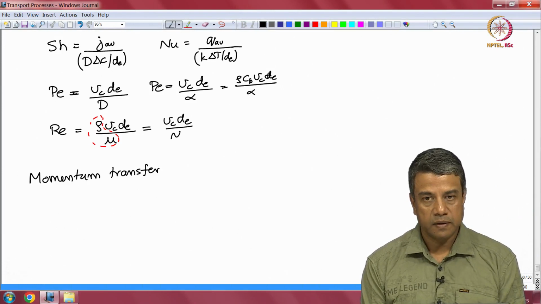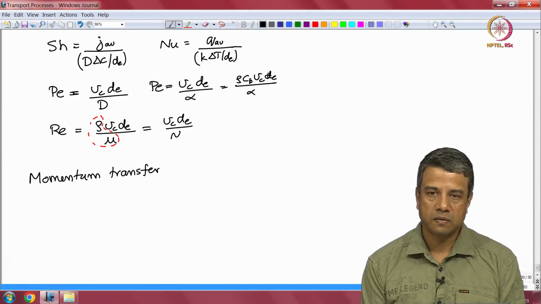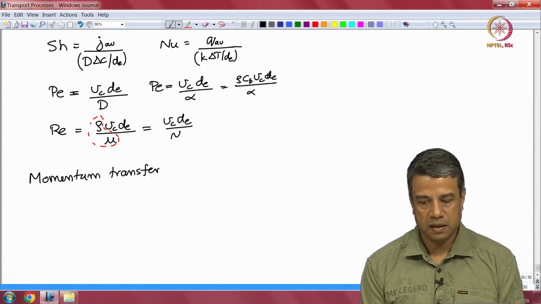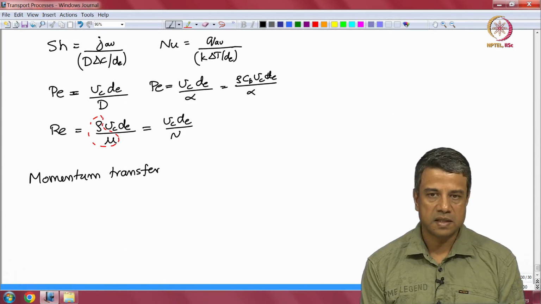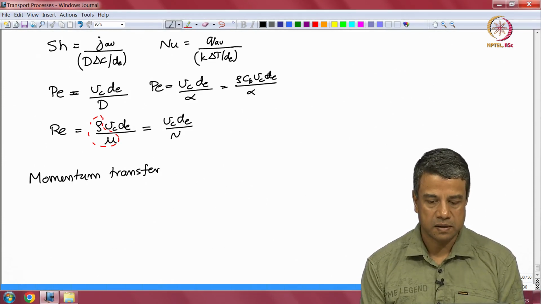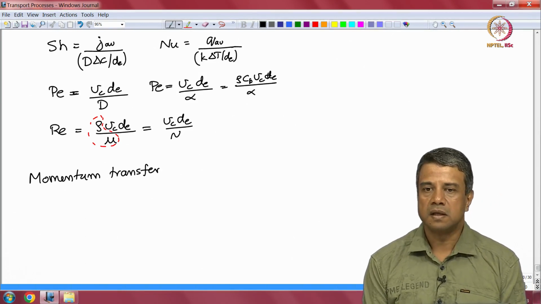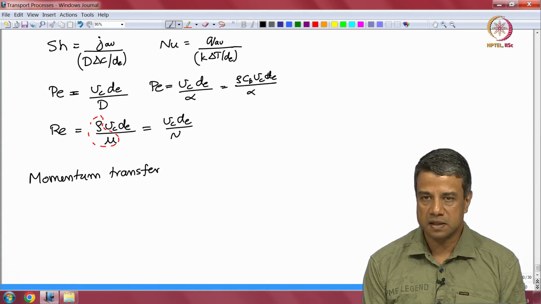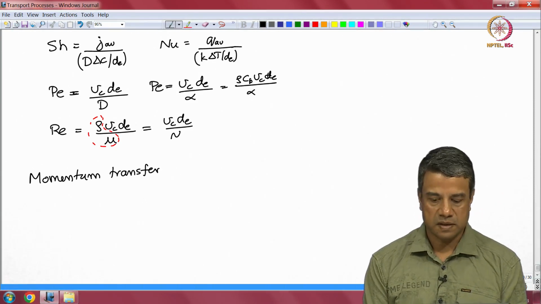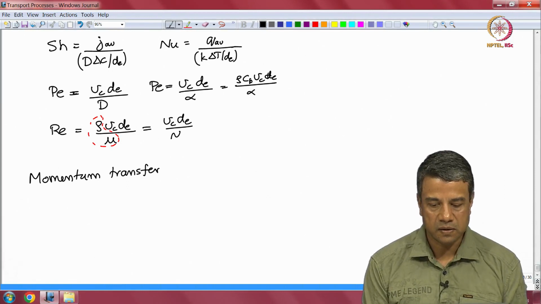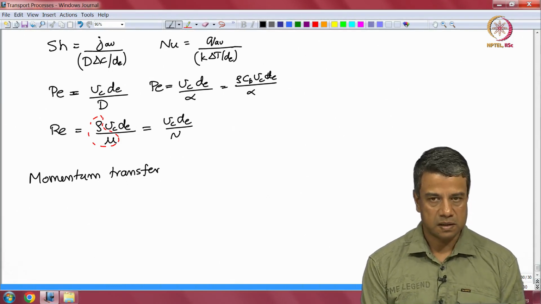If I were to scale the momentum transfer by the diffusive scales, then I would just get the wall shear stress times the length scale divided by the diffusivity. I will just get the wall shear stress divided by a term that has the same form as the right side of Newton's law of viscosity, in an analogous way to the Sherwood number and Nusselt number.